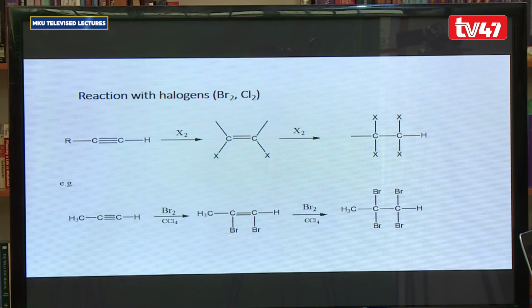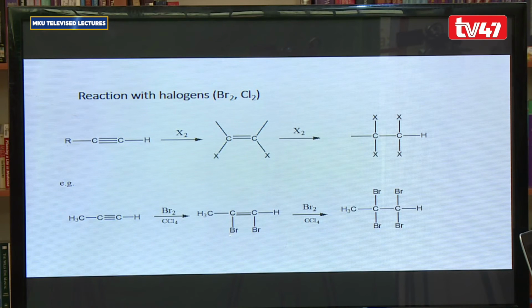Now, in the addition of halogens, generally, this will take place again without the presence of sunlight, because we say that the triple bond is highly reactive, and the addition will first of all form a 1,2 addition, giving an alkene having halogen atoms on both carbons of the double bond.